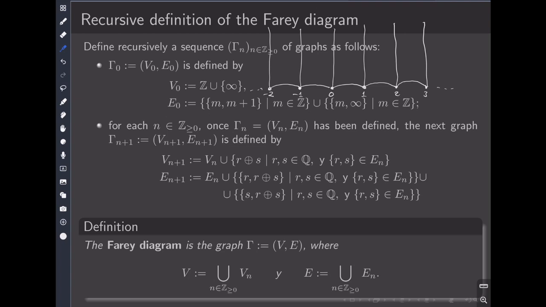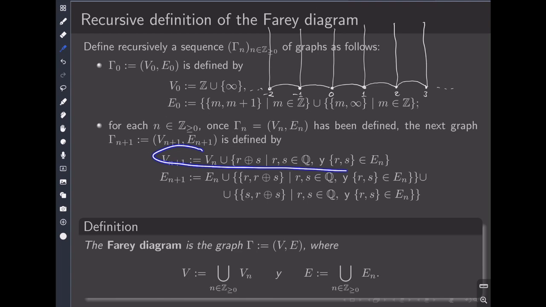And now the recursive step is that once the level n of the Farey diagram has been defined, we introduce all the naive additions as vertices.